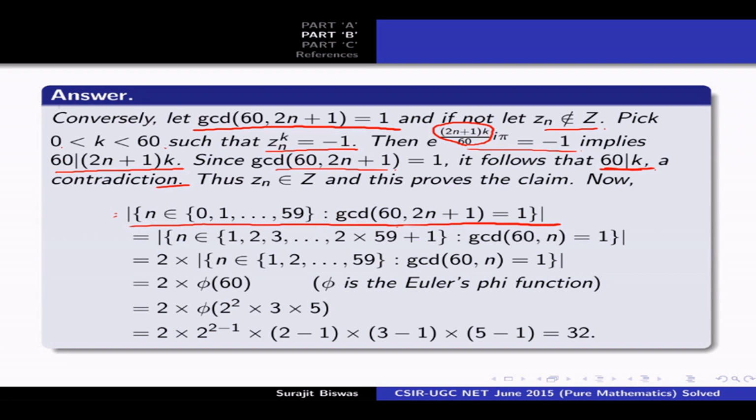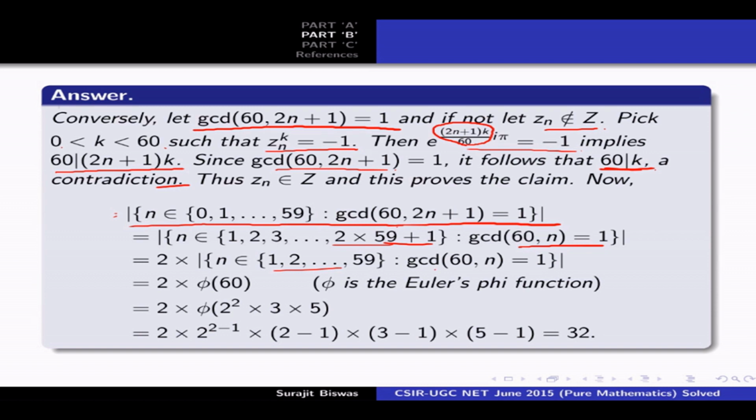Because for each even number, GCD of 60 and an even number is not 1, we can consider all such natural numbers from 1 up to 2 times 59 plus 1 such that GCD of 60 and n equals 1. If n is between 1 and 59 and GCD of 60 and n equals 1, then GCD of 60 and n+60 is also 1. So we can write this as 2 times the cardinality of the set of n from 1 up to 59 with GCD of 60 and n equal to 1.